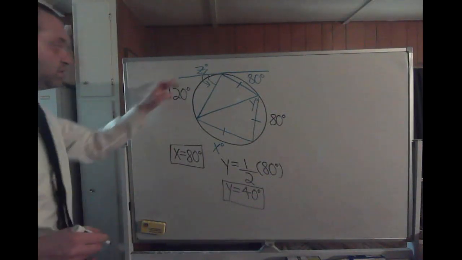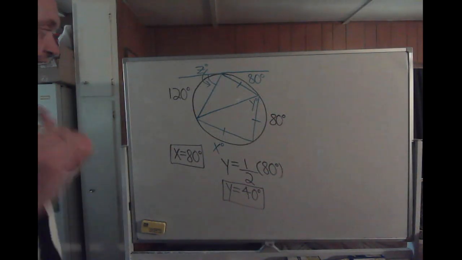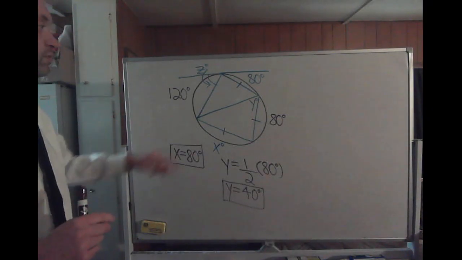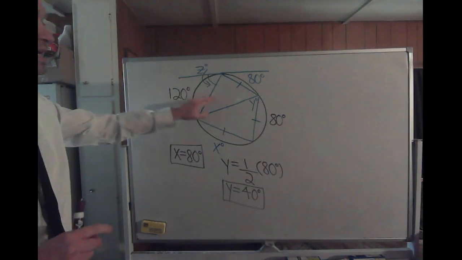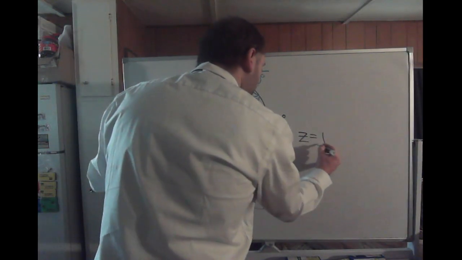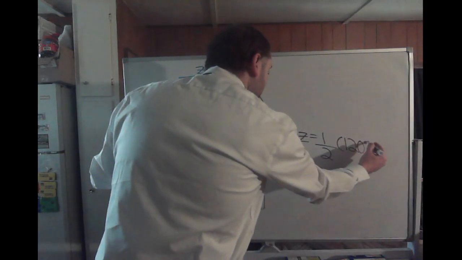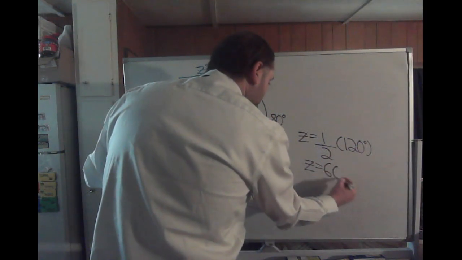So suddenly solving for z just became real easy, because whenever you have an inscribed angle formed by a chord and a tangent line, it's equal to half of the measure of the arc it intercepts. So z would be equal to half of 120 degrees, which would have to mean then that z equals 60 degrees.